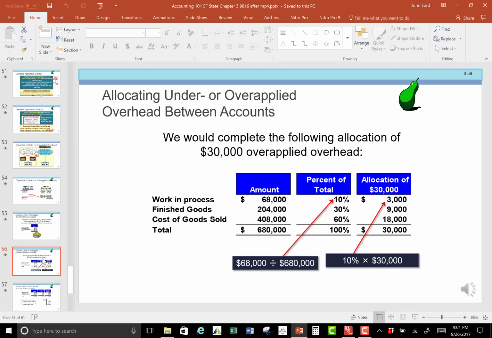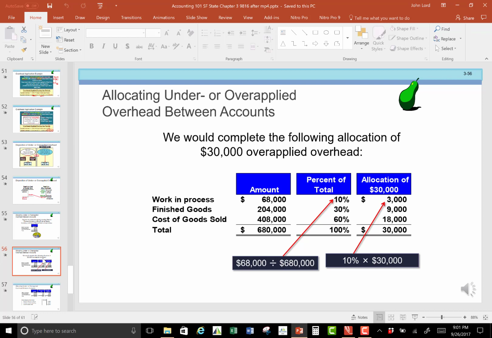Since finished goods constituted 30%, 30% of 30,000, or 9,000, would go to finished goods. And the remaining 60%, since 408,000 divided by 680,000 is 60%, 18,000 would go to cost of goods sold.